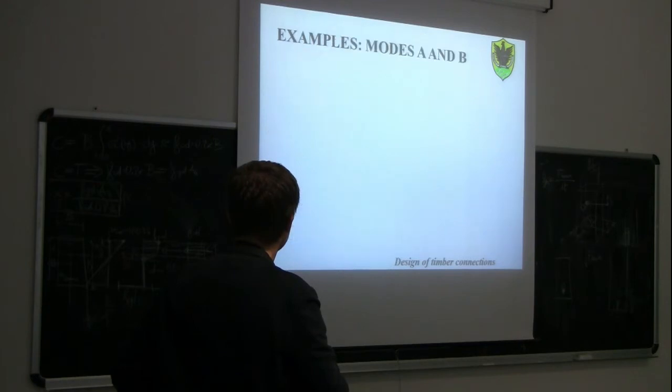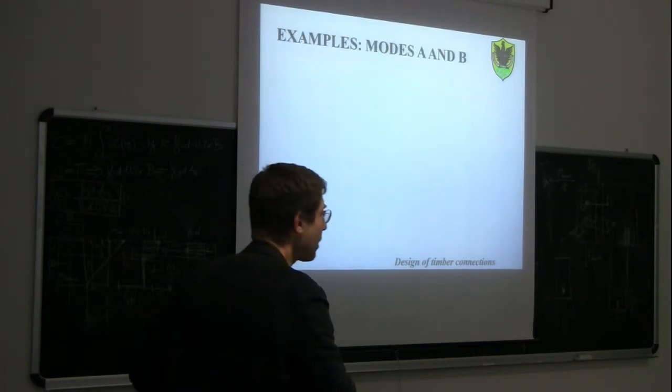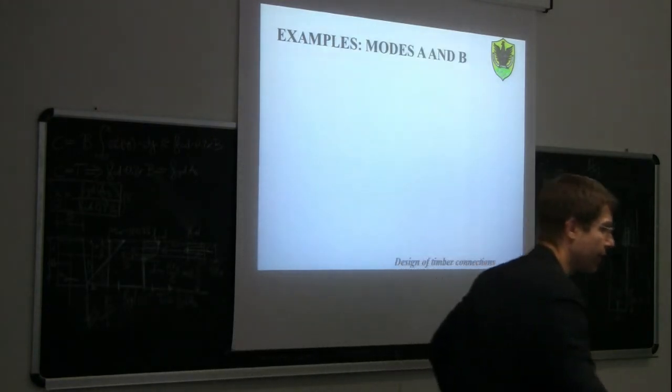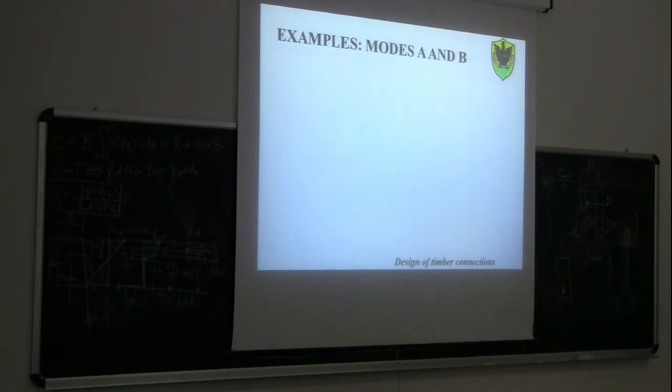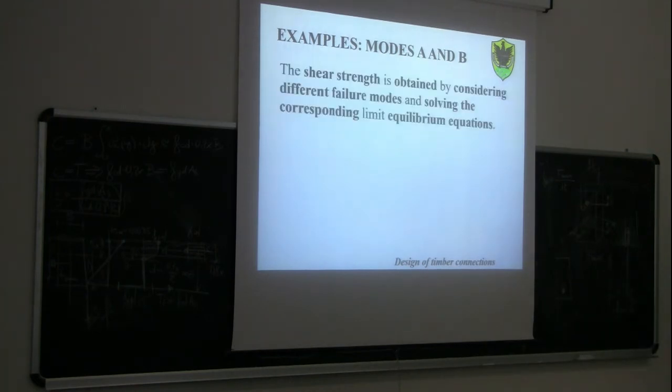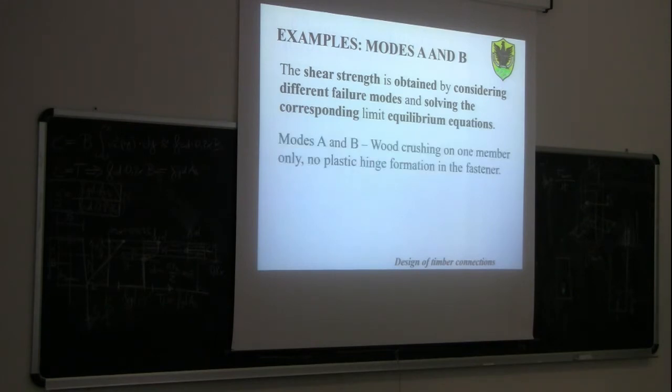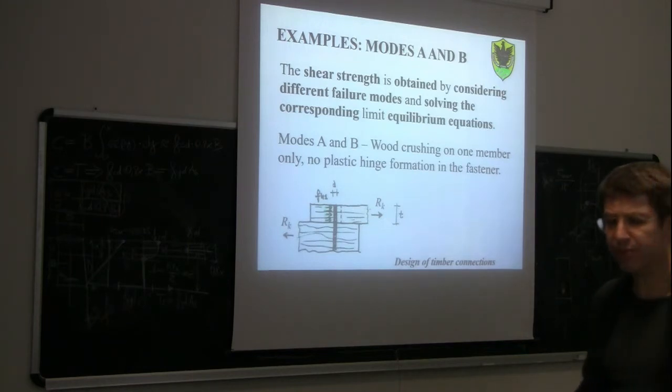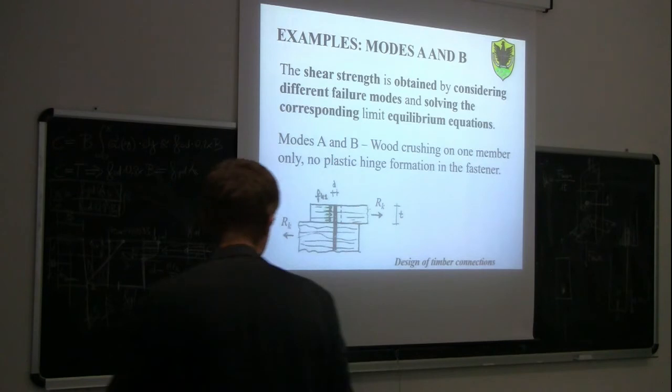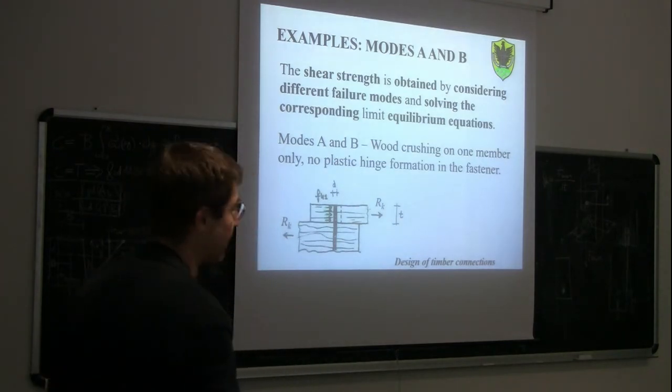Now, how can we obtain these equations? As an example, if you take the first failure mechanism, the simplest one, we simply write equilibrium, as we said before. So we have to consider all the possible different failure mechanisms, and for each failure mechanism, write the equilibrium equation in order to find out the load-carrying capacity.